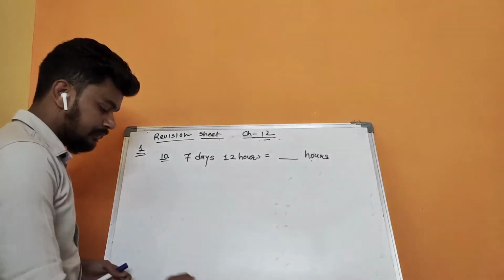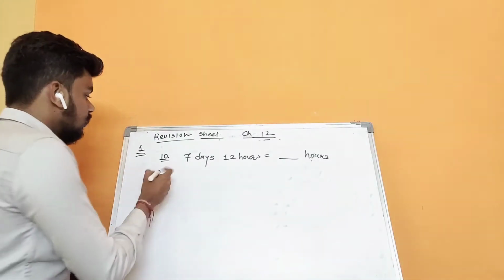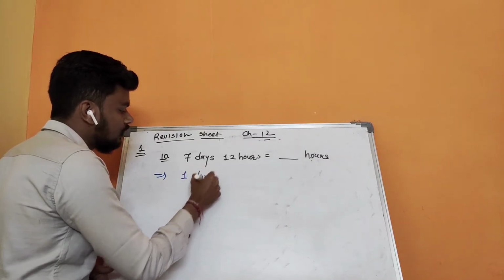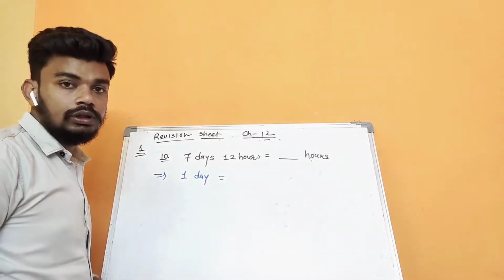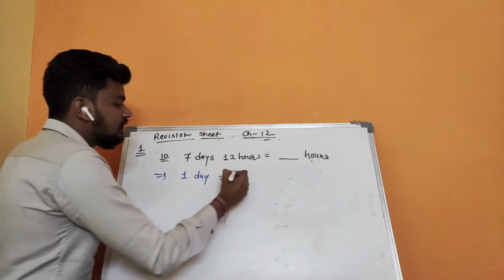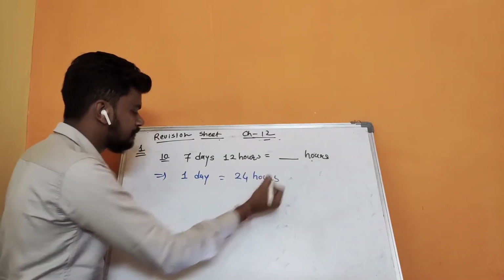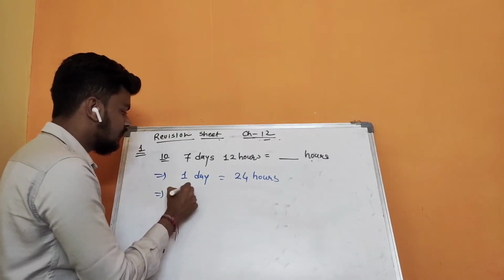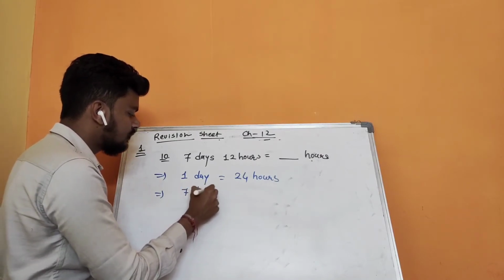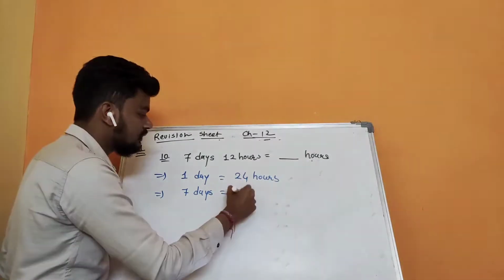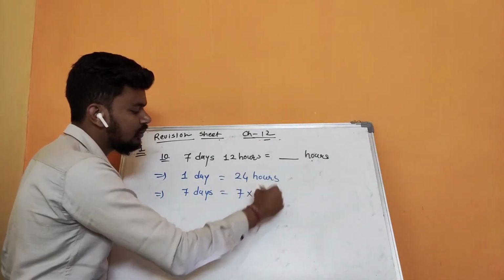Okay, so we know that 1 day is equal to how many hours? 1 day is equal to 24 hours. So as per that, 7 days is equal to 7 multiplied by 24.